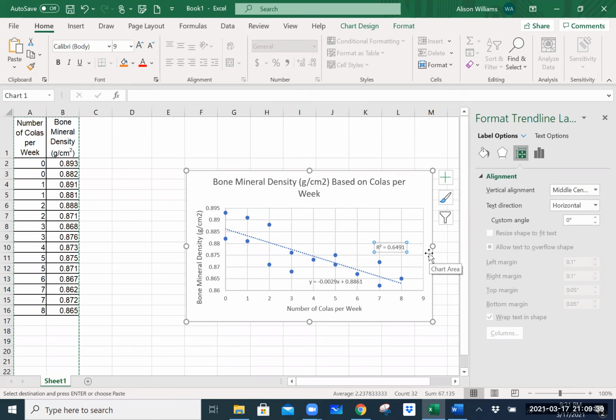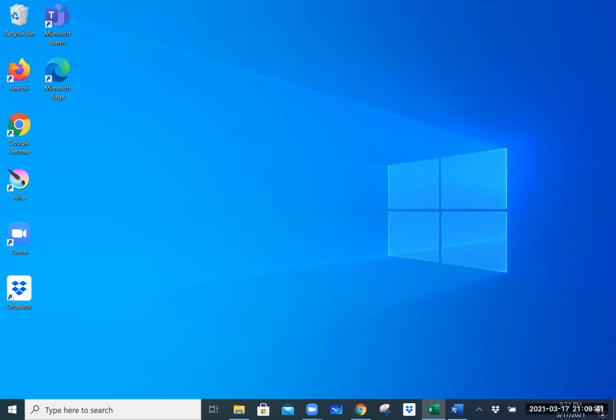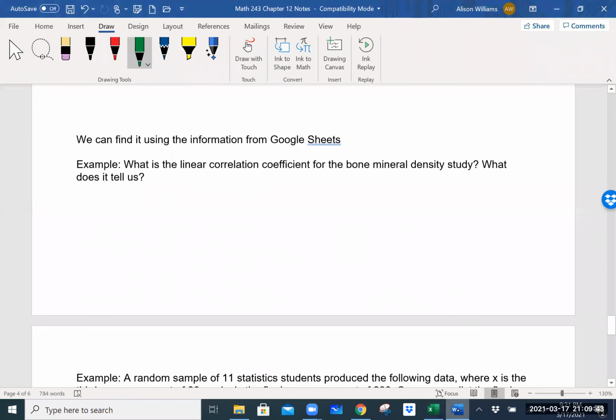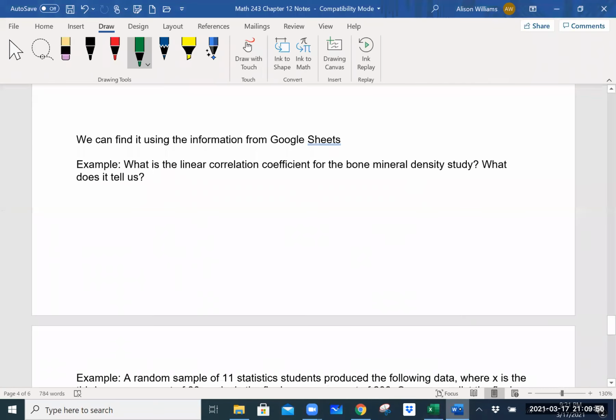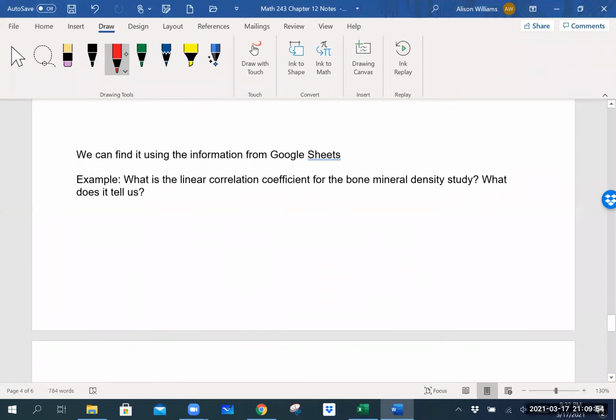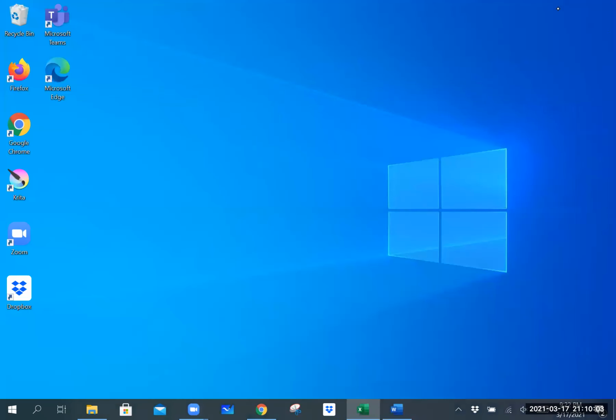Let me come back to my page here. 0.6491. Hold on, sorry. I forgot it the minute I left. Yeah, 0.6491. All right. Let me go ahead and write that down. So R squared equals 0.6491.